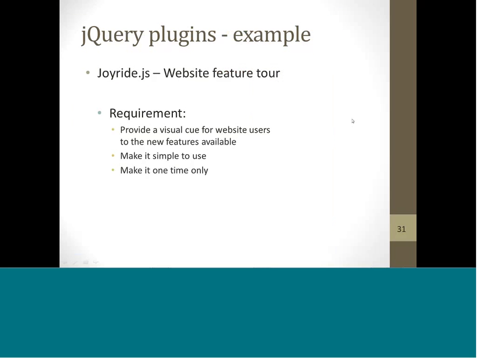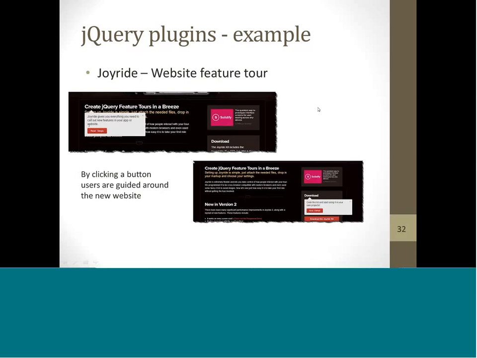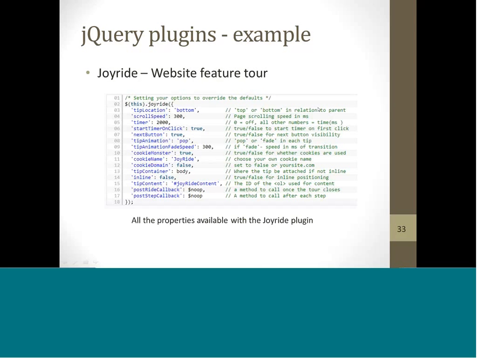What it also does is, this guy has clearly done this before, and he's provided us an awful lot of configuration parameters that we could use if we want to. Does the tip come below or above? How quickly does it move from one to the next? Is there a next button? And here's a cookie.